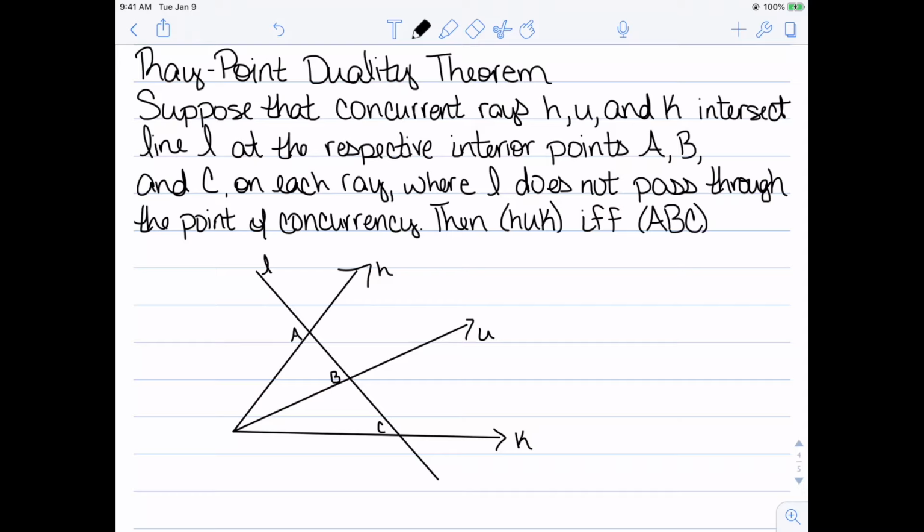Then I have the betweenness relation HUK if and only if I have the betweenness relation ABC. So the ray-point duality theorem essentially gives me a relationship between the betweenness of my rays and the betweenness of my points. And I won't prove this here, but if we look at a picture and maybe draw a few other pictures, it seems to make sense that this works.